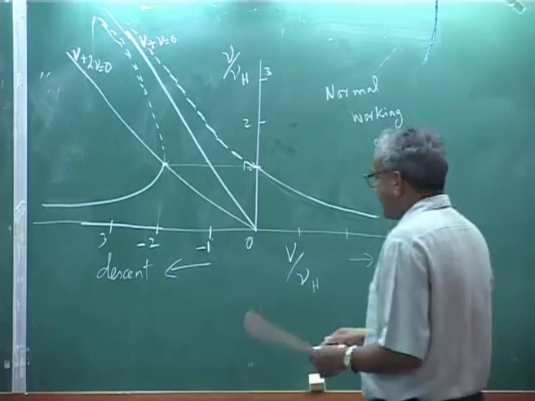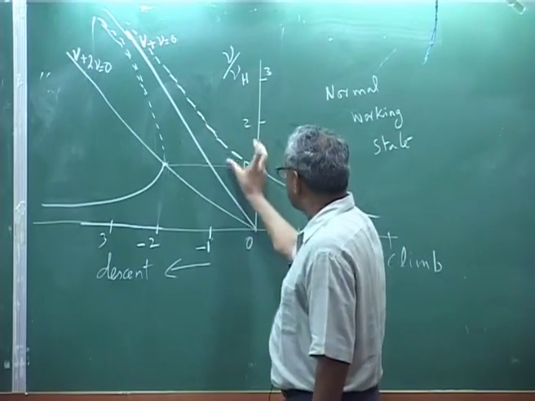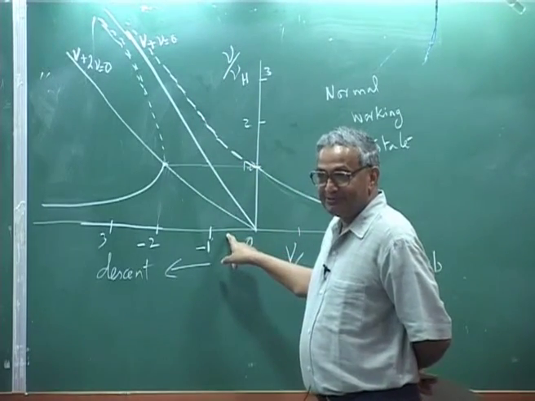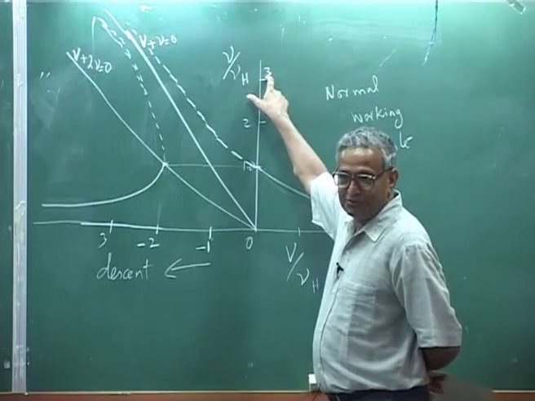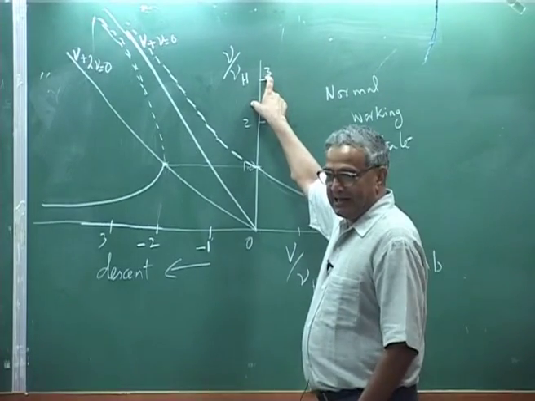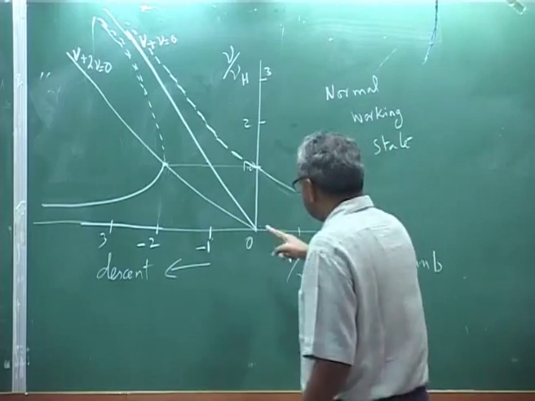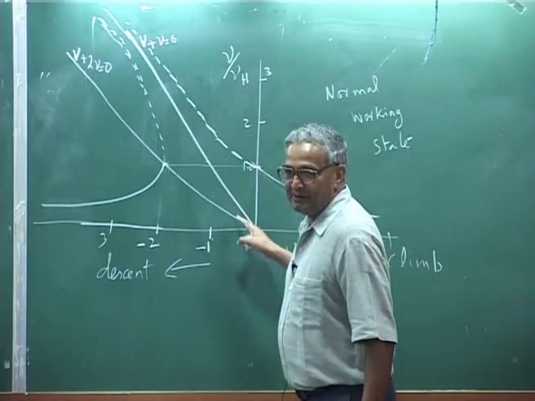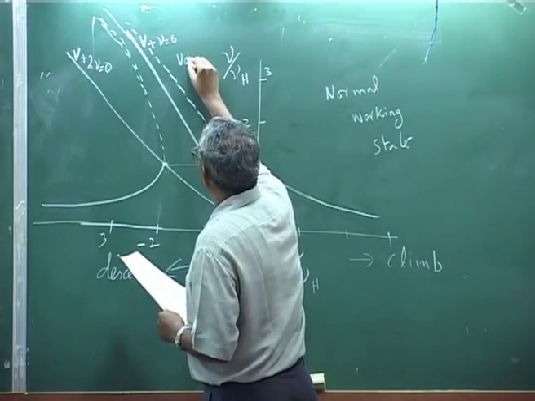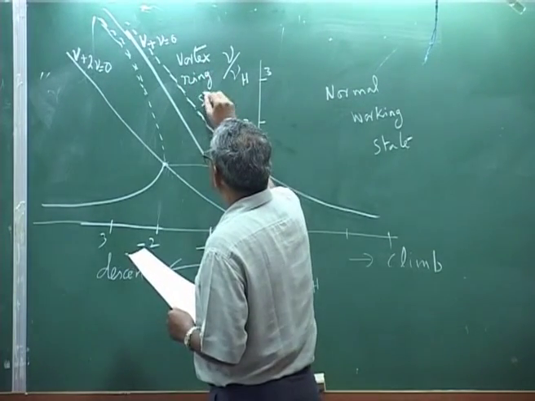Now, when you go here, V is negative, nu is positive, and you will find that V plus nu is also positive. That is why this line is the border line for this region, which is the vortex ring state.